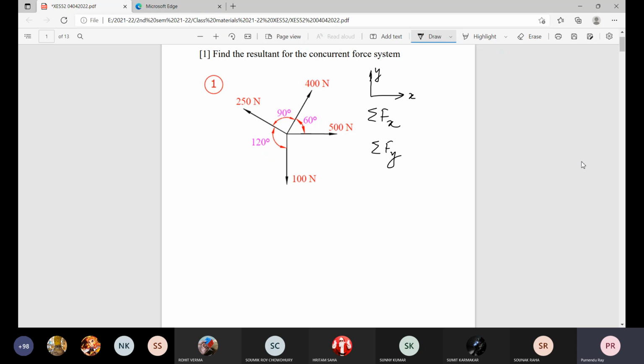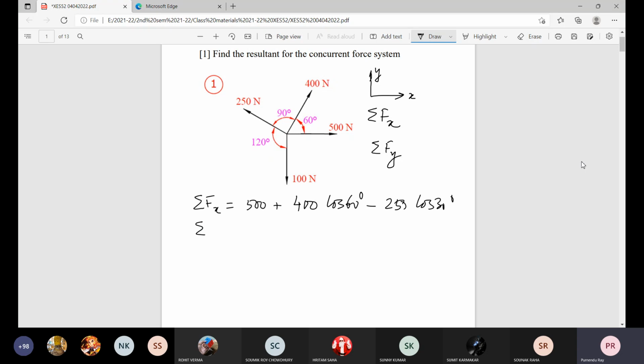In sigma fx, we take 500 directly, plus 400 cos 60 degree, then minus 250 cos 30 degree, and no contribution from the 100 Newton.